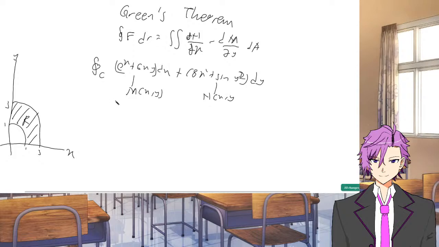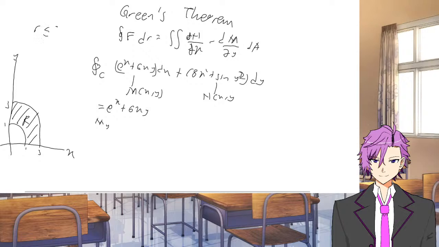So M xy would be equals to e^x plus 6xy. But since this is dx, oh yeah, there's a lot of things I forgot here. Okay, wait, before we do anything, this region right here is bounded between 1 and 3. This is a quarter circle with the radius between 1 and 3.